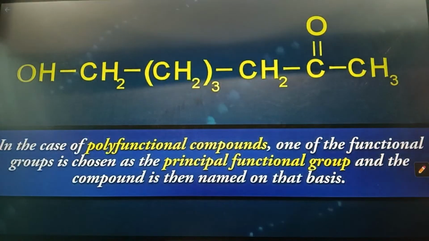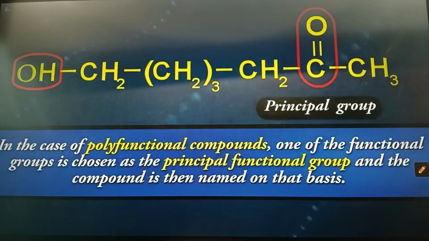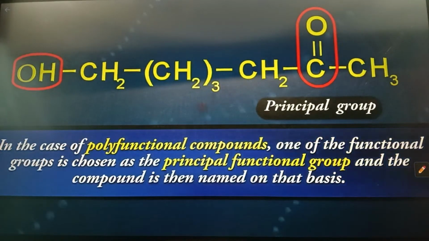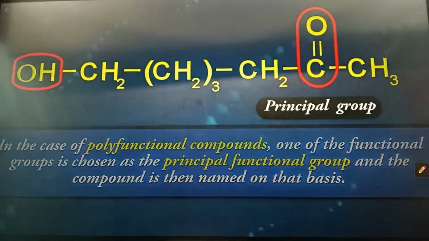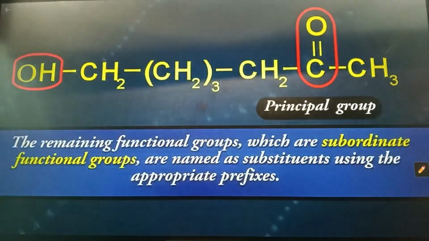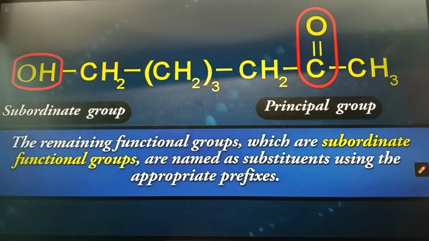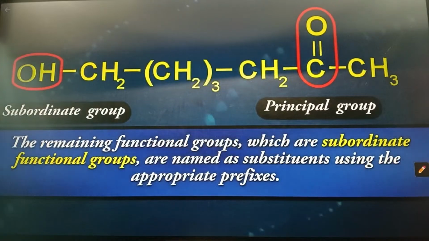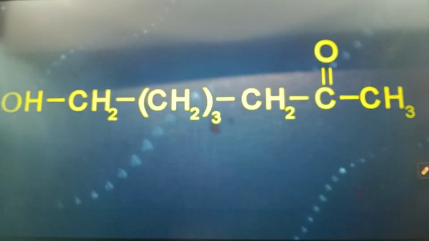In case of the polyfunctional compounds, one of the functional groups is chosen as the principal functional group, and the compound is then named on that basis. The remaining functional groups, which are subordinate functional groups, are named as substituents using the appropriate prefixes. Let us take this example.